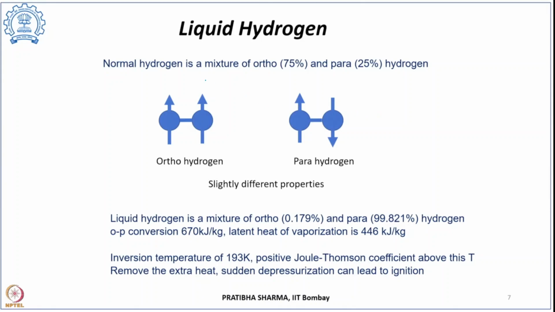Normal hydrogen is a mixture of 75% ortho and 25% para. But the conversion from ortho to para is important. Which one is the most stable condition?